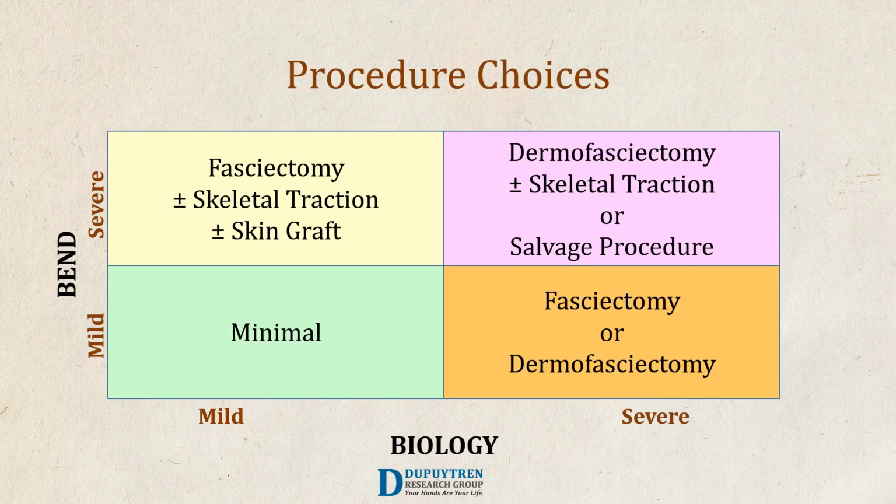If you look at the columns on the left and the right, the difference between the two is that on the right side, the procedures are more radical, and the idea behind that is that by doing bigger operations, the person may have a longer period of control before their contractures recur. That difference is trying to treat the biology of Dupuytren disease with surgery, not to try to get the finger straighter than it otherwise would be.